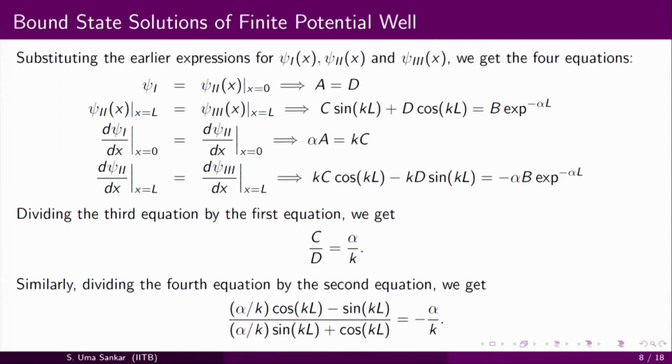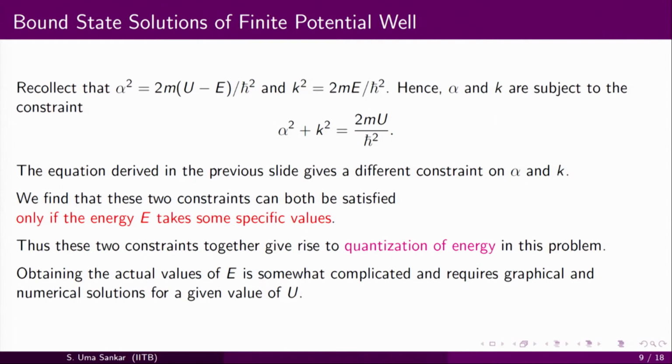For a given k, I substitute in this equation and I can figure out the corresponding alpha. So, this equation gives me a different curve in the alpha-k plane, and the intersection of this quarter of a circle and this other curve is when both the equations are satisfied, and that is the point which gives me the corresponding energy of that solution.